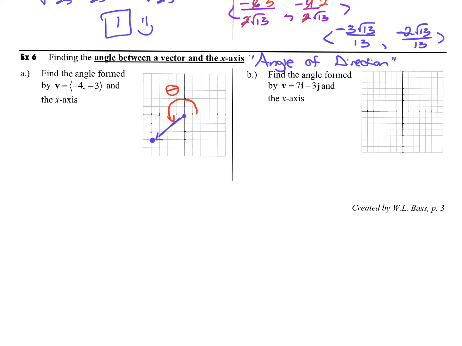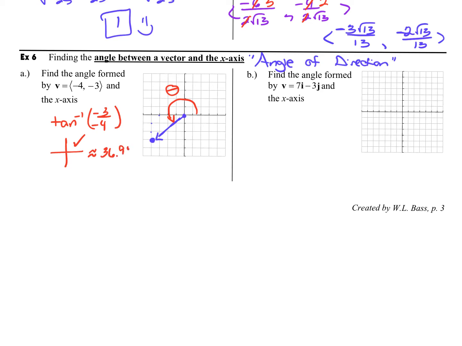So what we are going to do is our tangent. It's going to be an inverse tangent, and we're going to do y over x, so -3 over -4. And of course, when we type this in our calculator, it's going to give us an angle of approximately 36.9 degrees.